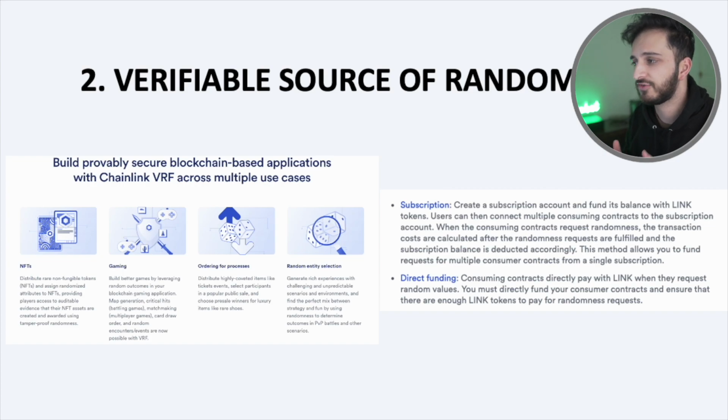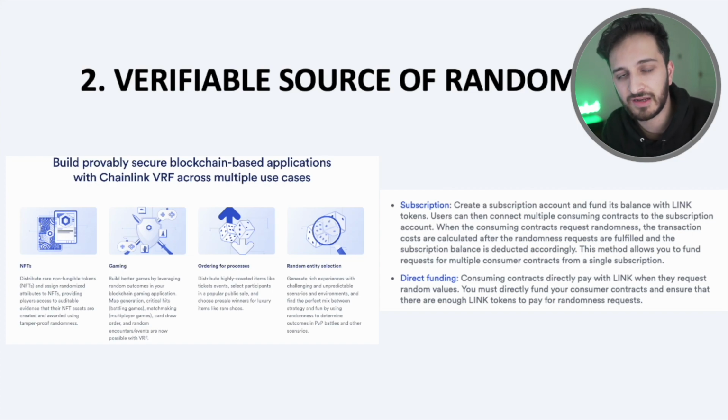The second product that Chainlink offers is a verifiable source of randomness. To really appreciate this, I think you need to understand how NFTs work and some of these gaming platforms. So imagine you've created an NFT platform, protocol, or project. You've got a 10,000 NFT profile picture series, and you want people to mint this. Well, when people mint this NFT, you want that element of randomness between those attributes and traits, so that the rare ones aren't going to certain wallets.